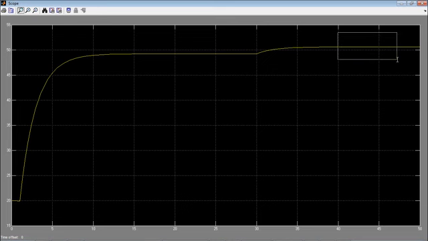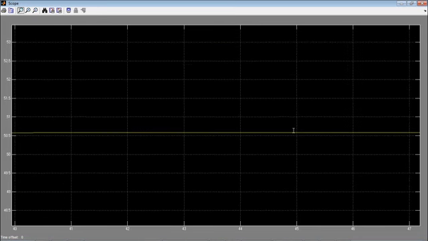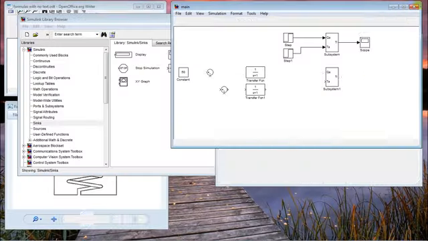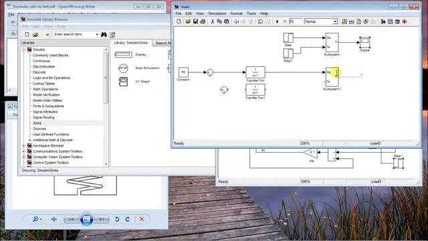The temperature inside the tank will go over the desired value of 50, which in a critical application is not allowed.